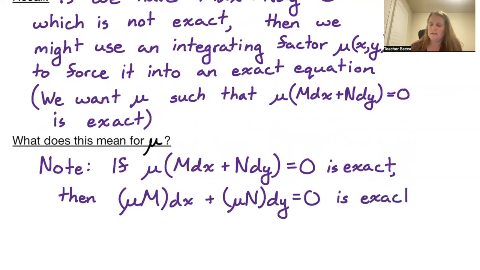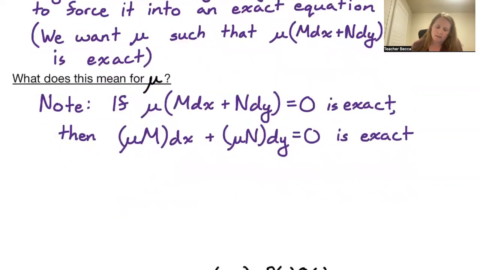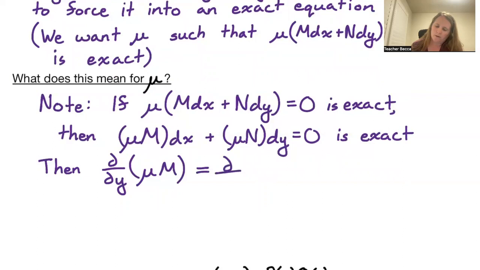These are just the exact same equation. So this means the partial with respect to y of mu M must be equal to the partial derivative with respect to x of mu N. This we know simply by the exactness condition.